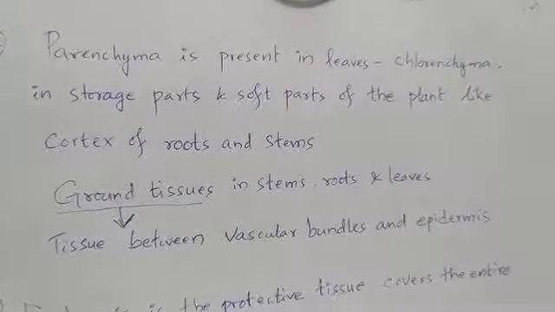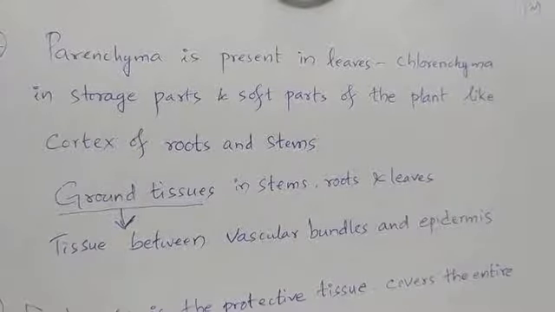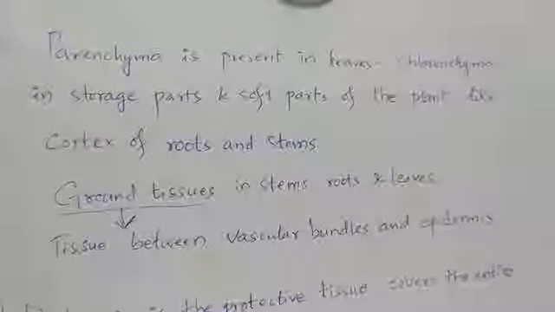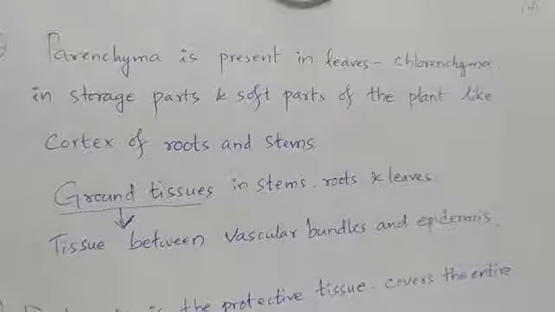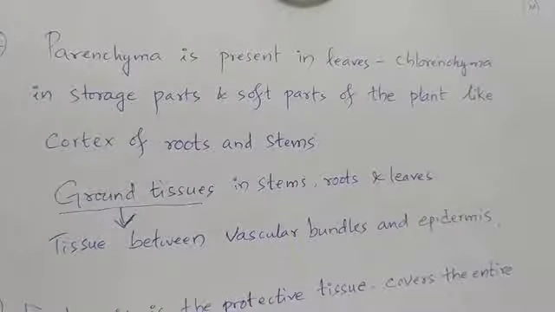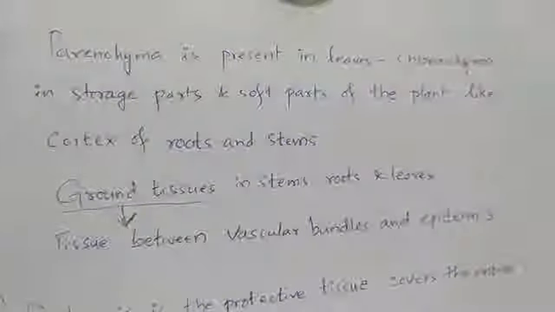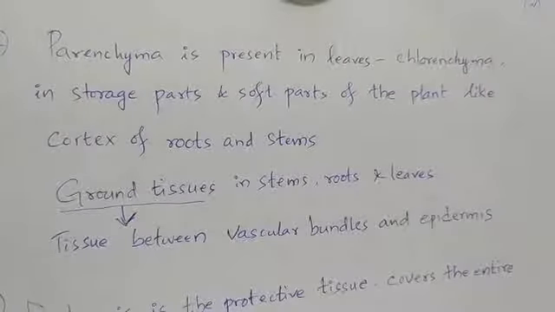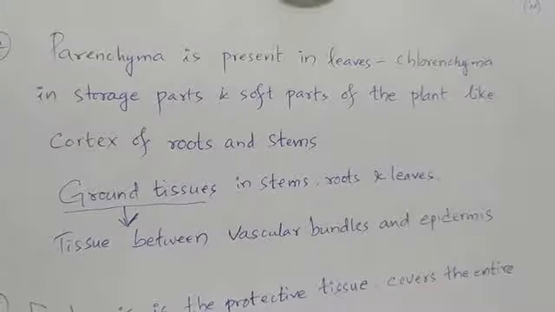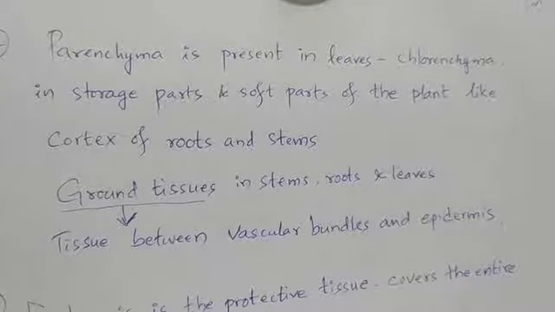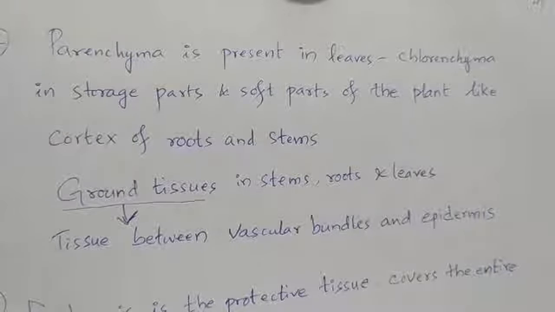Twelfth question: name the regions in which parenchyma tissue is present. Parenchyma is present in leaves in the form of chlorenchyma, especially in the leaf mesophyll area, and in storage parts and soft parts of the plant like the cortex of roots and stems. Especially it is present in ground tissues. What is ground tissue?